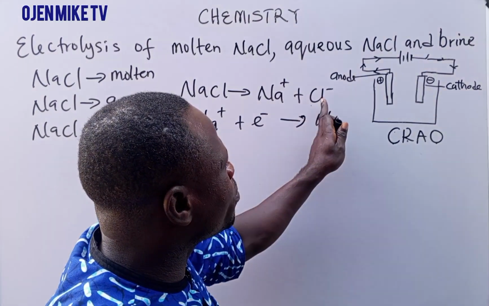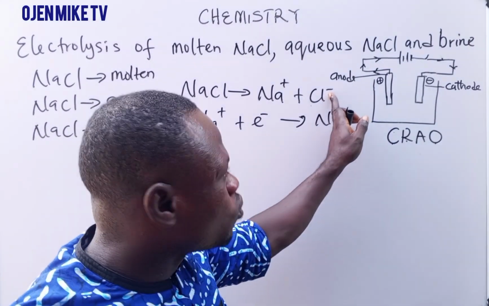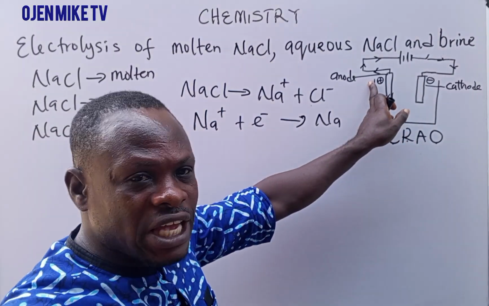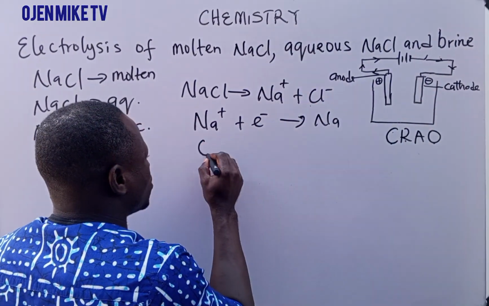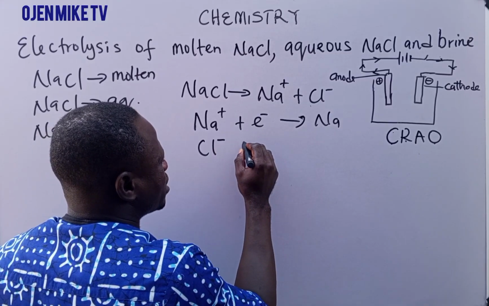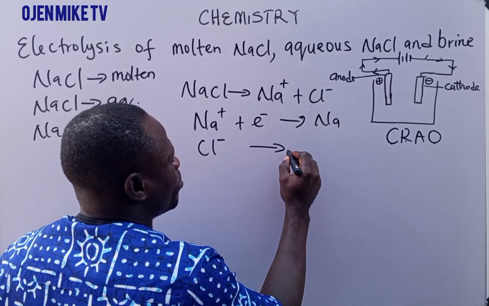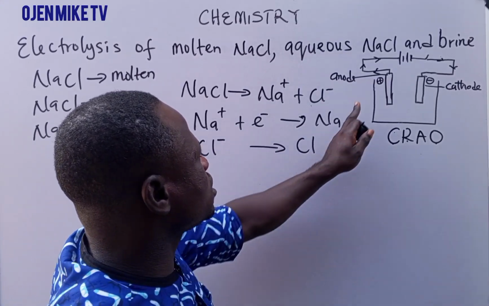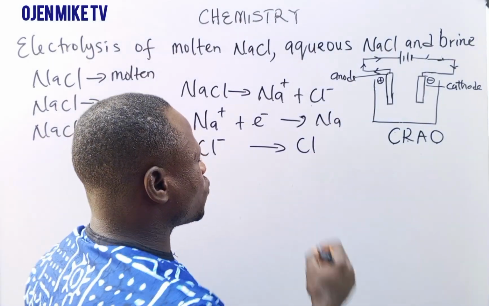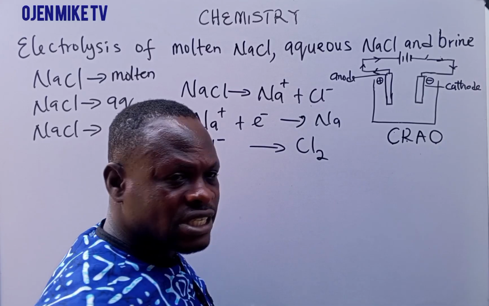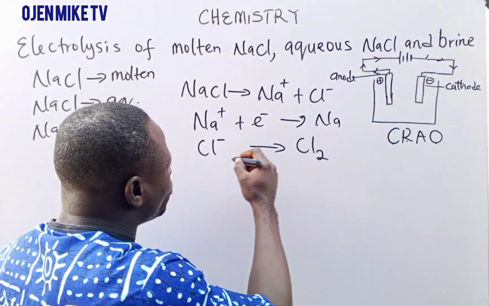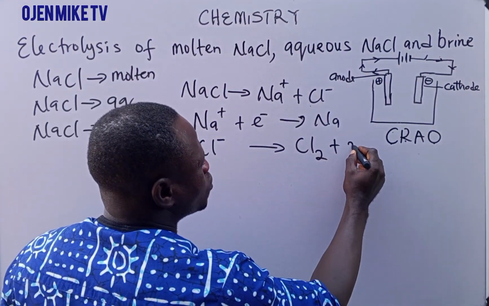Now at the anode, remember, the negative ion will migrate towards the anode, and oxidation will take place. This chloride ion will migrate towards this anode, and of course chlorine gas is formed. For us to balance it, we need to add 2 electrons.